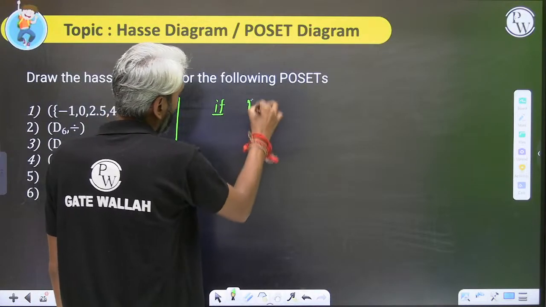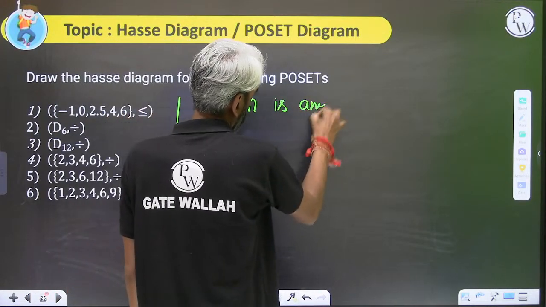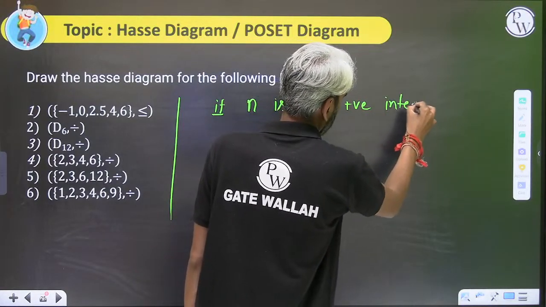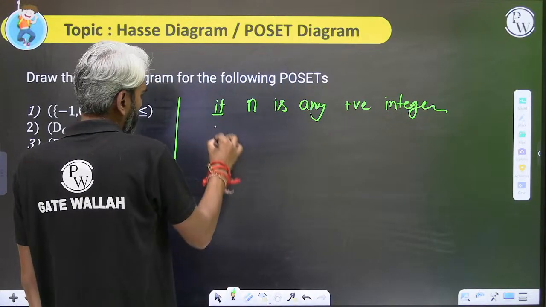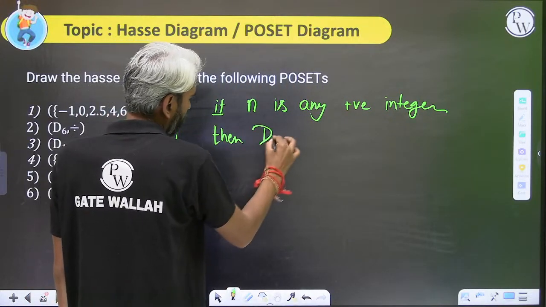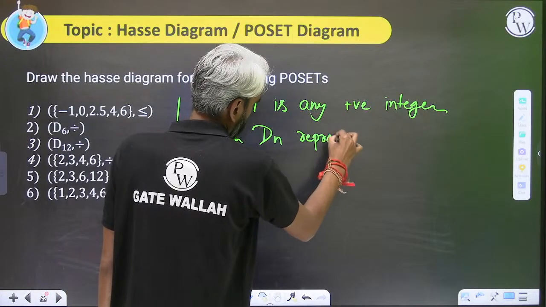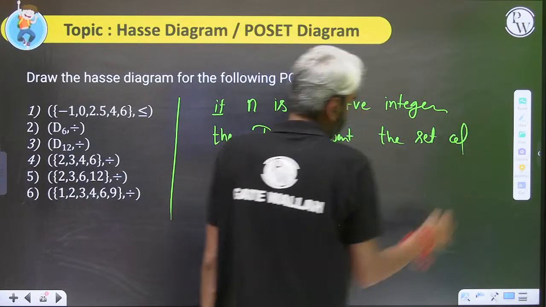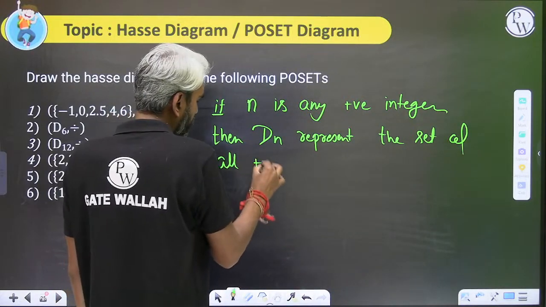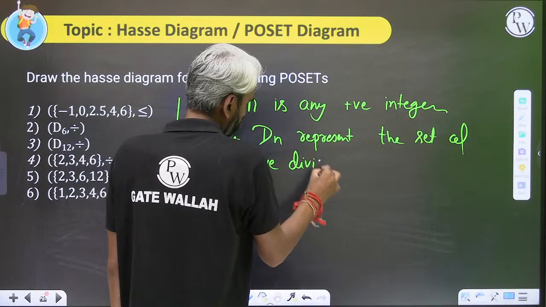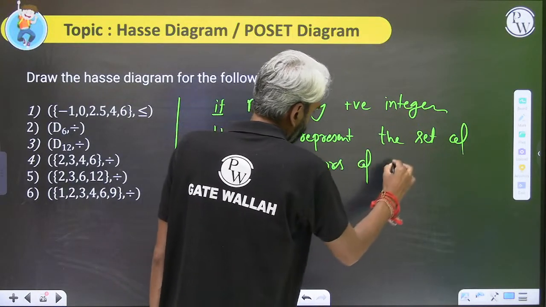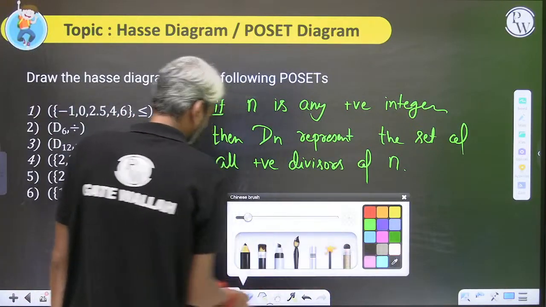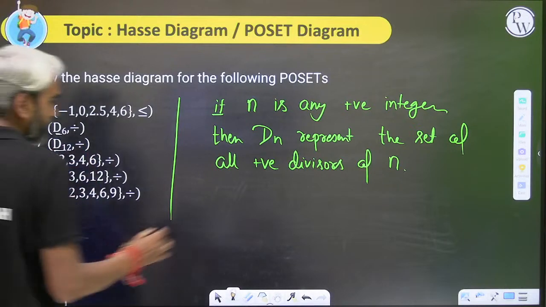If n is any positive integer, then Dn represents the set of all positive divisors of n. We are using D6 and D12 here, so let me explain that.